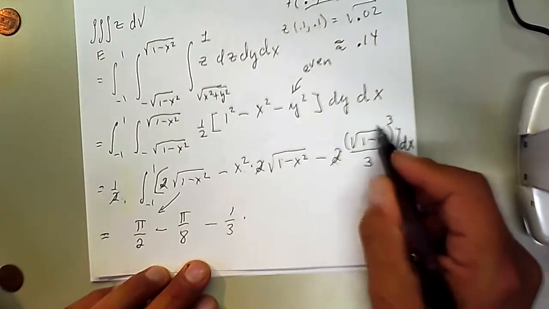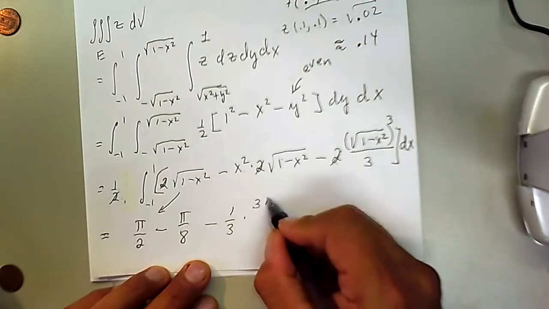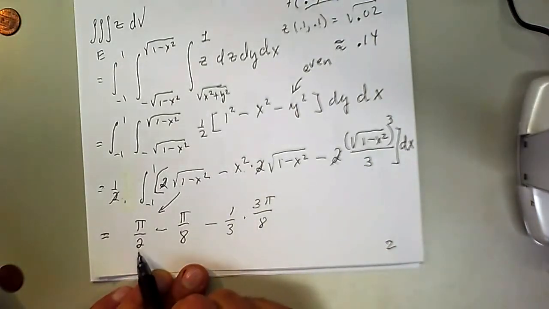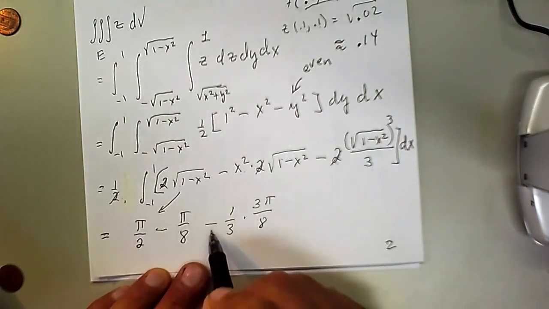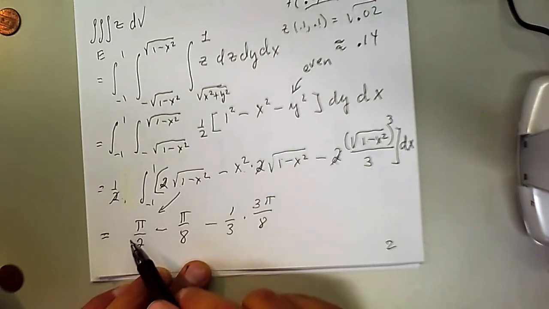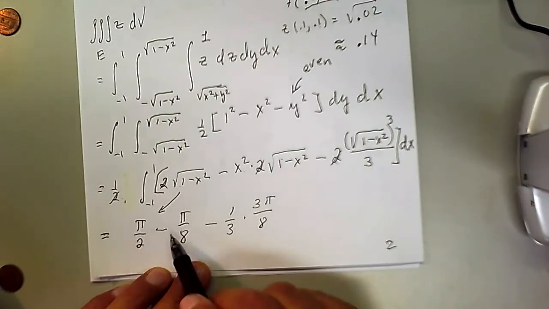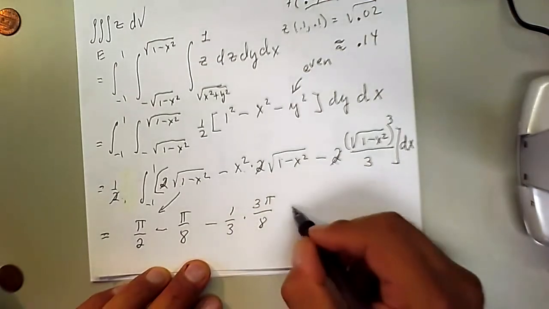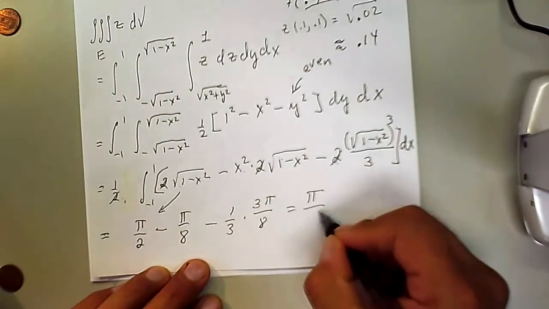And then the integral of that is 3 pi over 8. So the 3's do simplify. And we end up subtracting pi over 2 minus pi over 8, because the 3's simplify. And that's going to give us 4 pi over 8 minus 1 is 3, minus 1 is 2, 2 pi over 8, which is pi over 4.